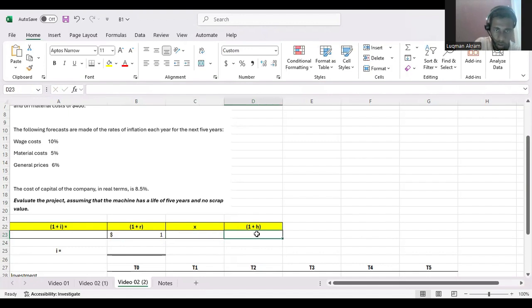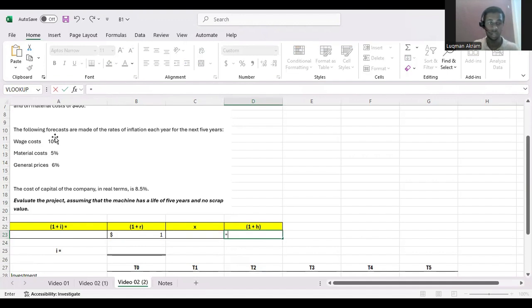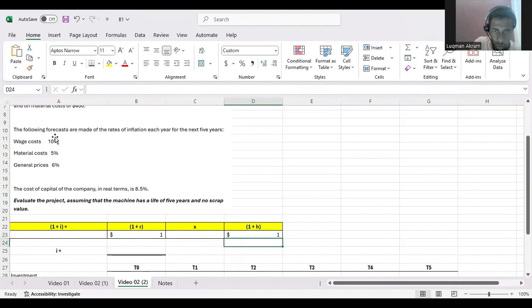Next, the inflation. What many students mistake here is they use the specific rates. Do not use the specific rate, use the general rate when it comes to Fisher's formula. So it's going to be 1 plus H, H being 6%.